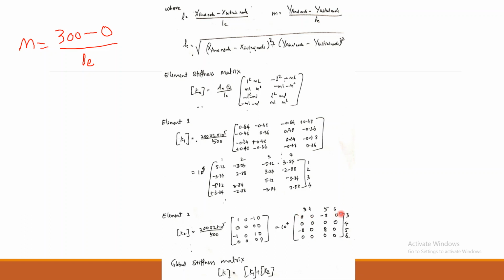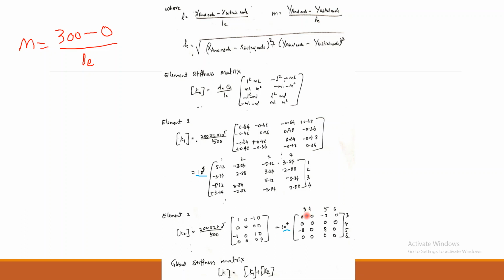If you do that, then it becomes in this format. Keep the same powers which is maintained in the element 1, otherwise while summing it will be a problem. 10 raised to 4 I have maintained, the same 10 raised to 4 you need to maintain here also.